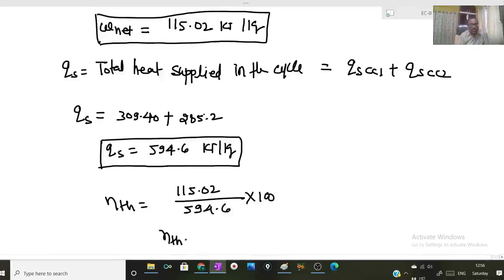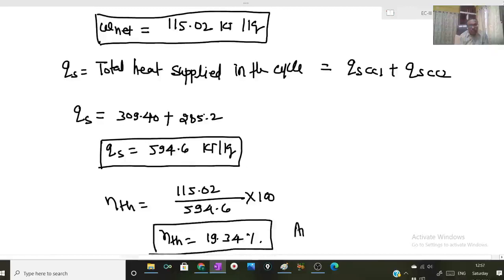So thermal efficiency comes out 19.34%. So this is the answer number 1.